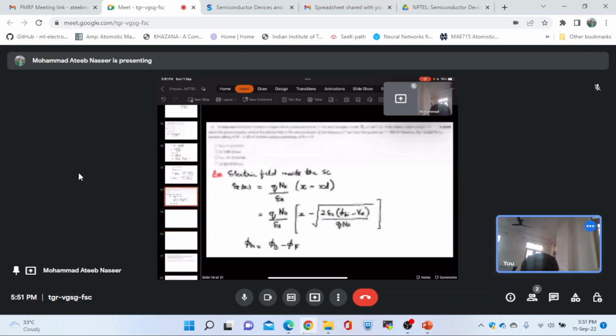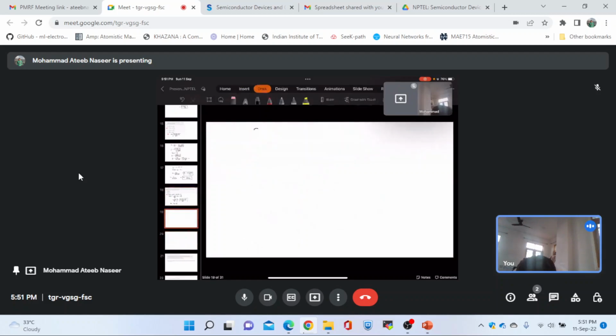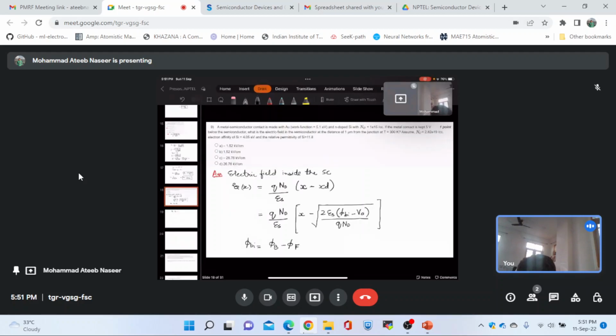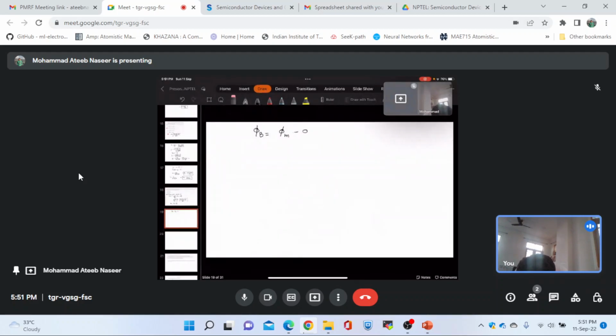This phi b, since it is a Schottky barrier contact on an n-type semiconductor, is simply the metal work function minus the semiconductor electron affinity, chi s.